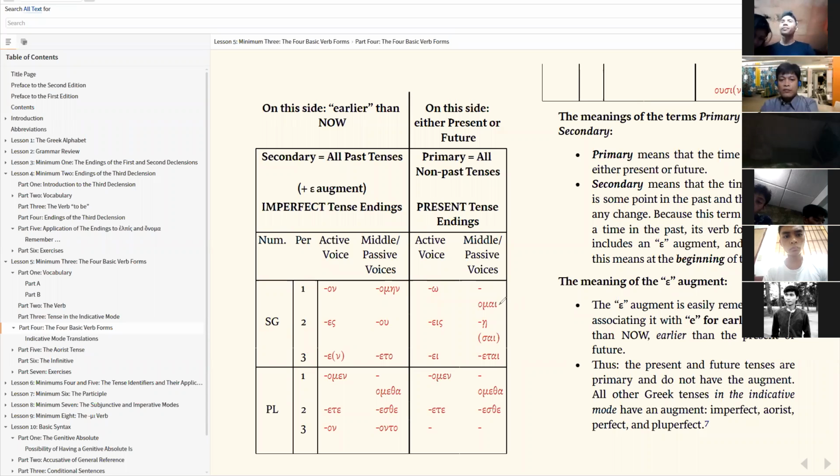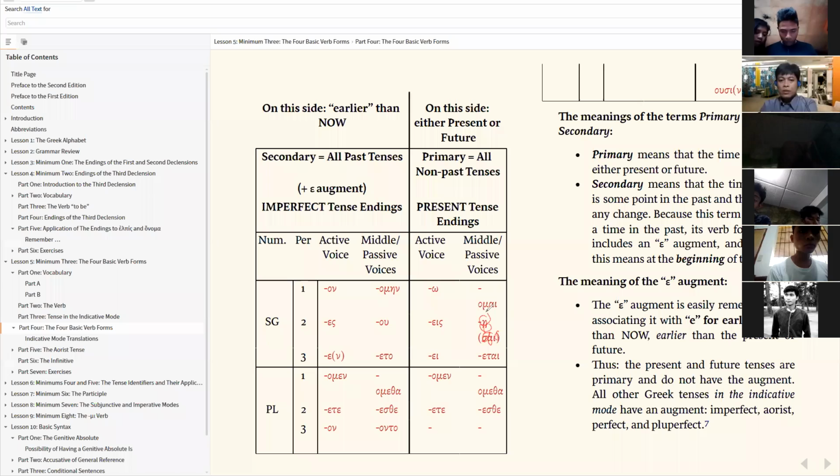And then for the middle passive voices, you have omai, e, shortcut of sai. The sigma here is assimilated to the root of the verb, and then the epsilon here lengthens to eta, and the iota does not like to be at the end, so it becomes an iota subscript here.